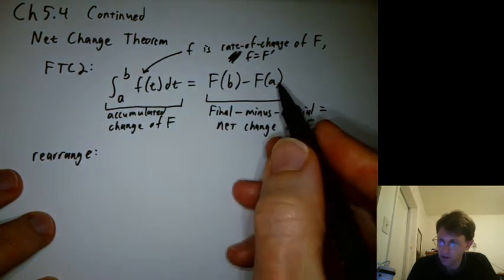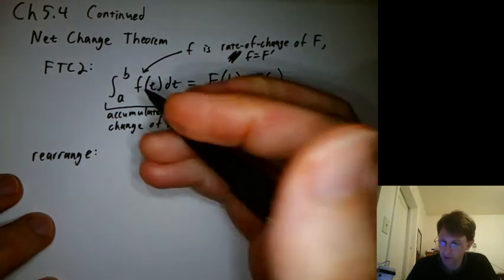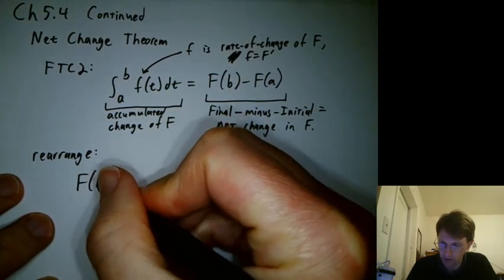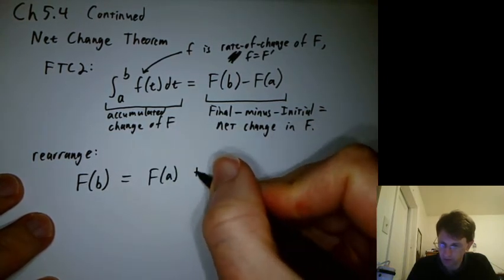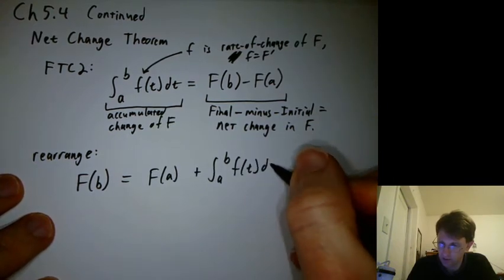All we need to do is add F of a to both sides and flip the order of the equation. So it's not really any fancy algebra. F of b equals F of a plus the integral a to b of f of t dt.